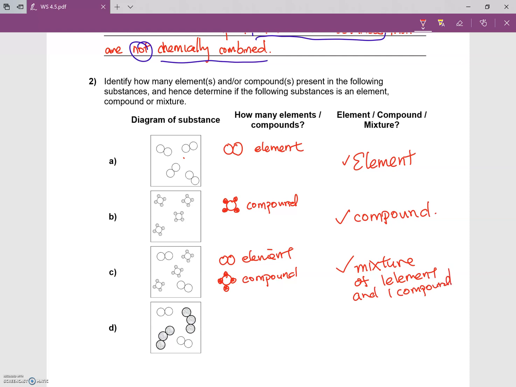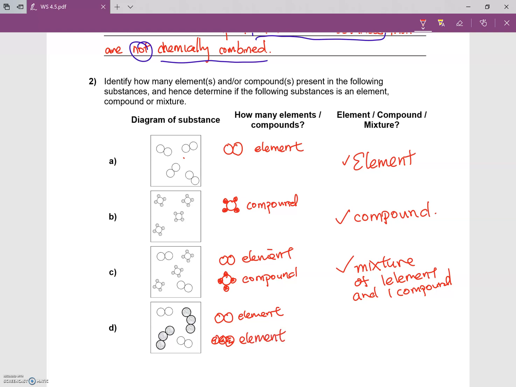Let's look at substance D. Once again, we have these two white circles. They are both the same thing, so this is an element. This is the first pattern that we observe. There's another pattern over here, three shaded circles. These three shaded circles are the same thing, so this is also an element.